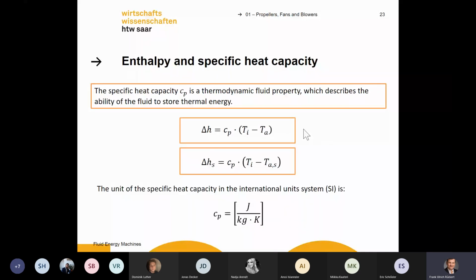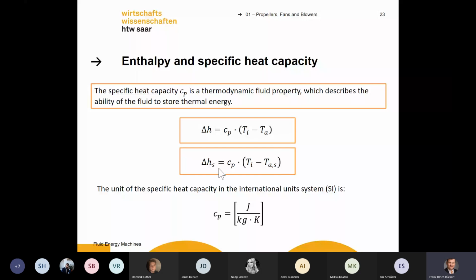This again is a really important formula if you want to calculate enthalpy and enthalpy differences behind and before the fan. You need the heat capacity and the temperature. But like on the slide before, in most cases there will not be a big temperature difference if you have propellers, fans or blowers.